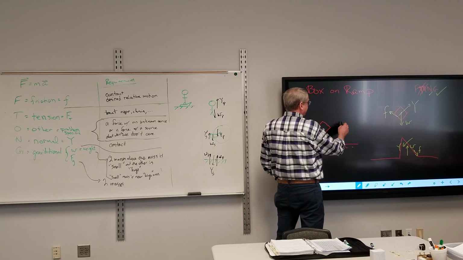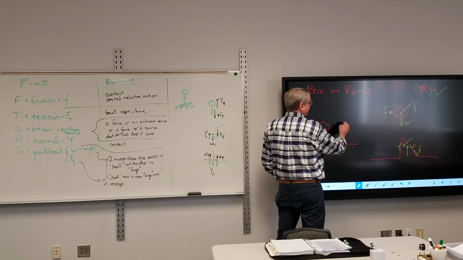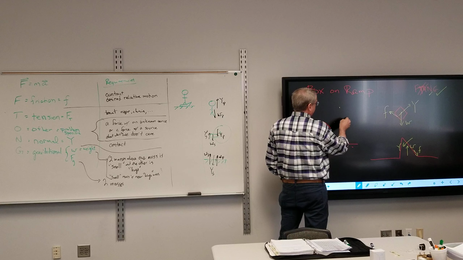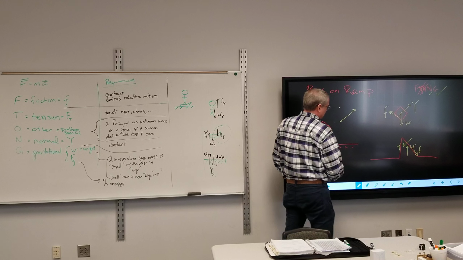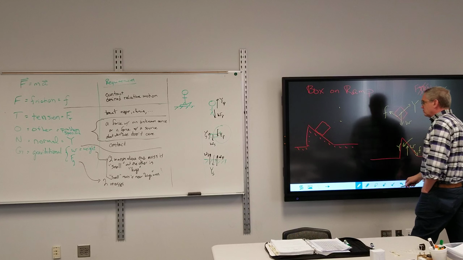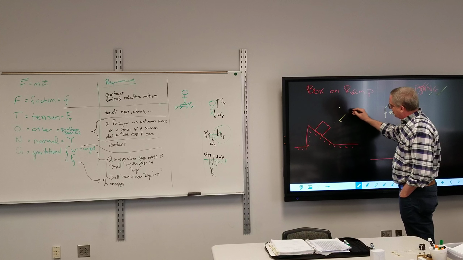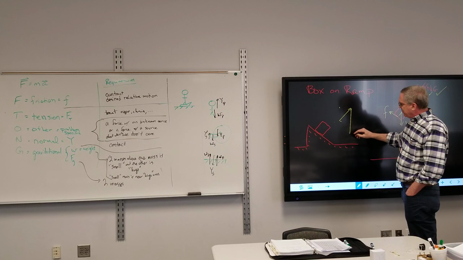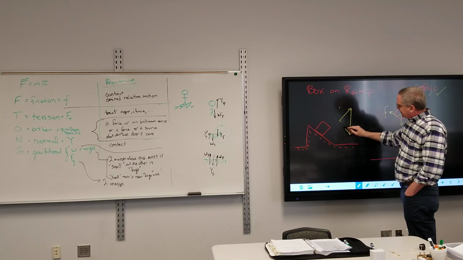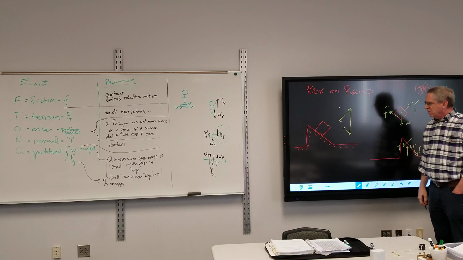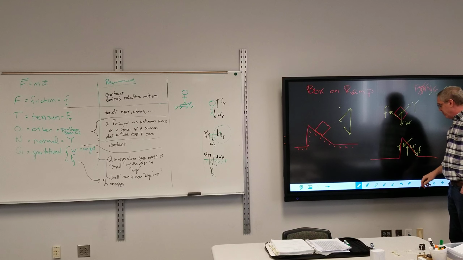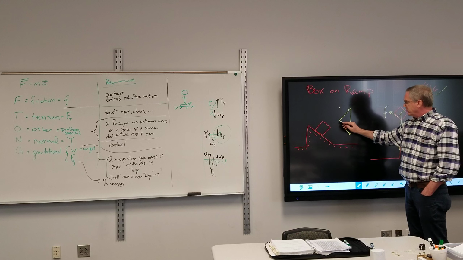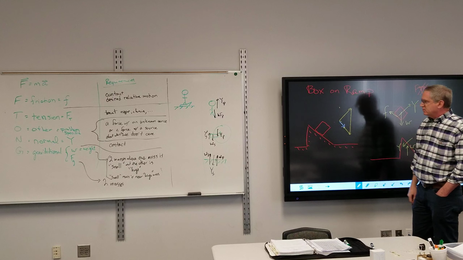So if I needed to add them graphically, I'll do normal force first. I have normal force acting this way, my weight is acting down, and friction is acting up the ramp. So if it accelerates down the ramp, then my total force would be that.